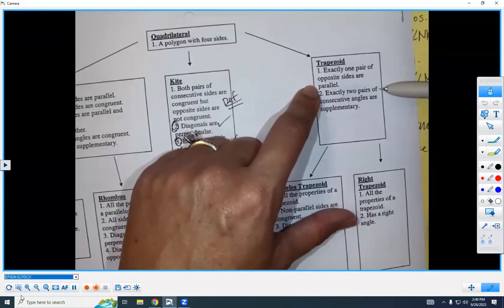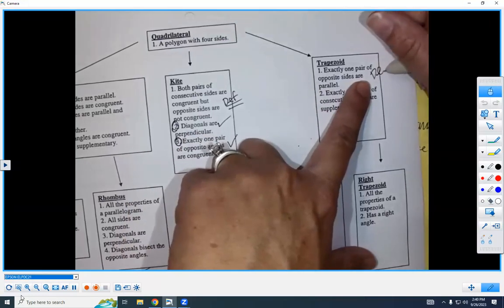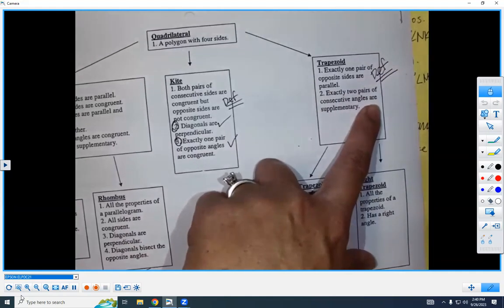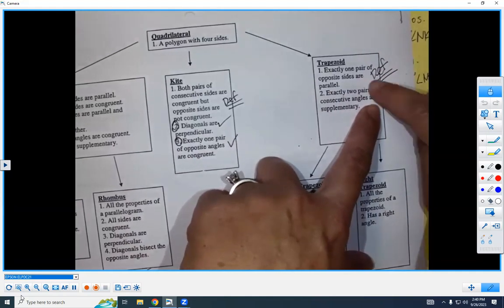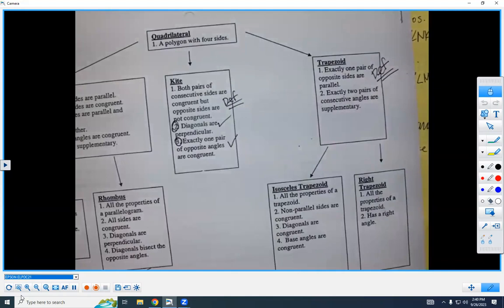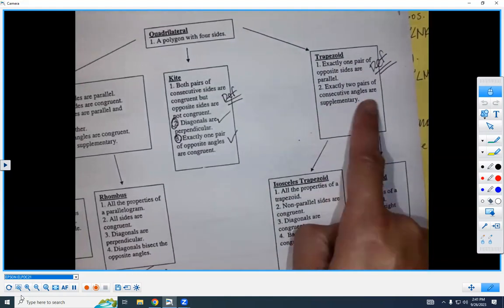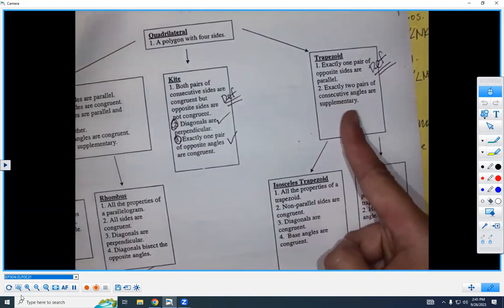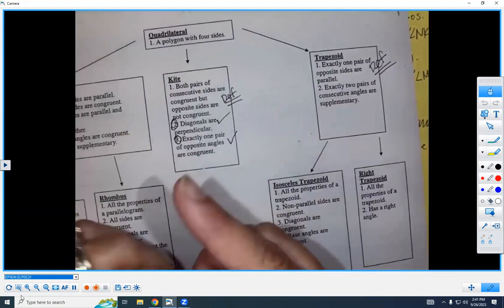Definition is one set of parallel lines. One set of parallel lines is all it is. So this one actually is a parallel line proof. This one's not bad.